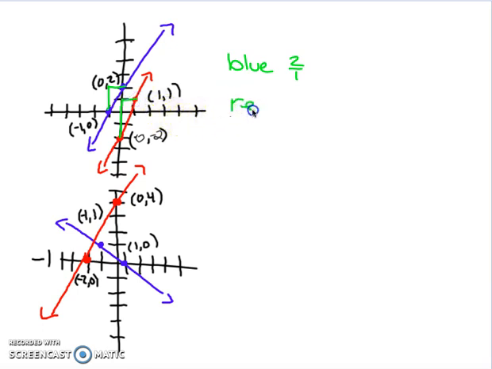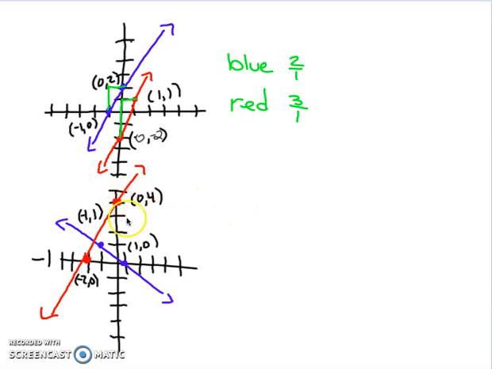So for our red line, we have a slope of 3 over 1. These are not the same, and they are not opposite reciprocals. So these lines are neither parallel nor perpendicular.